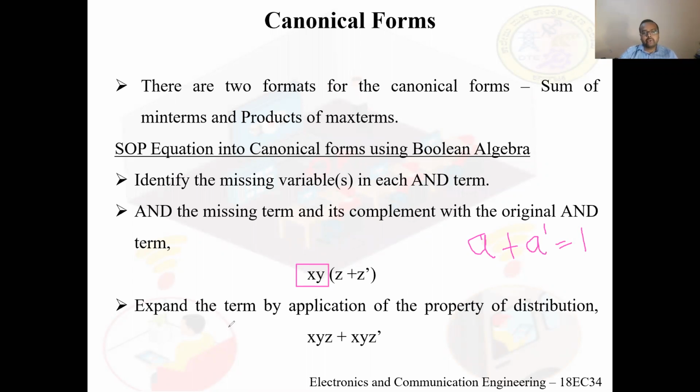And next what you do, now you expand this equation with the help of the distribution property. So how do you expand it? XYZ or XYZ bar. So what we have, this is a product term, this is a product term which contains all of the input variables. So you convert it into what now? Canonical SOP form.